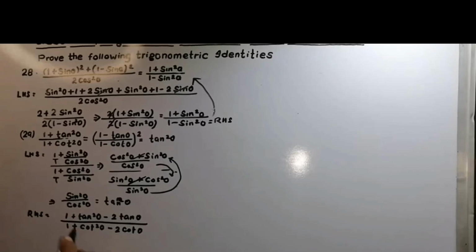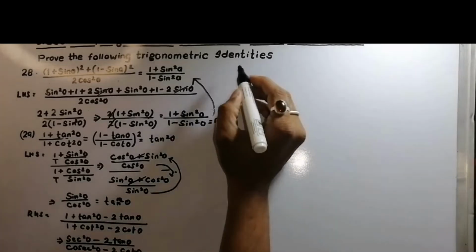And we know that 1 plus tan square theta means sec square theta minus 2 tan theta, and 1 plus cot square theta we can write cosec square theta minus 2 cot theta.